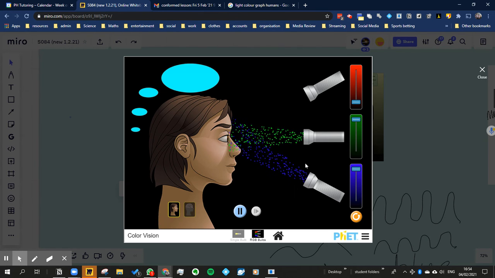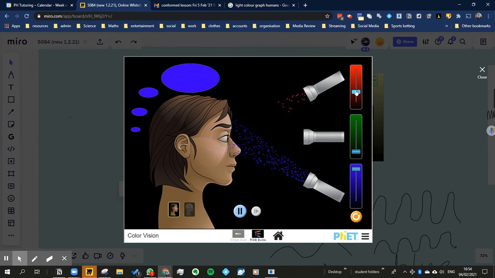So a lot of people say that magenta doesn't exist, or pink doesn't exist, and that's because when you shine red and blue, we end up seeing magenta or pink.